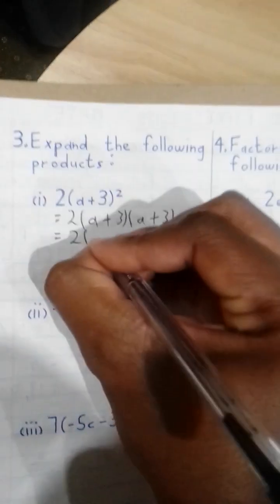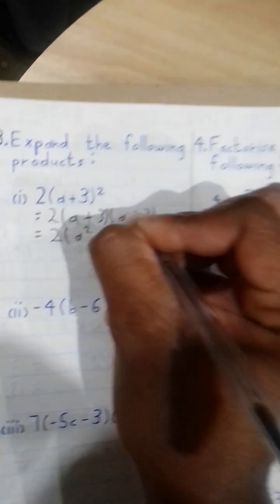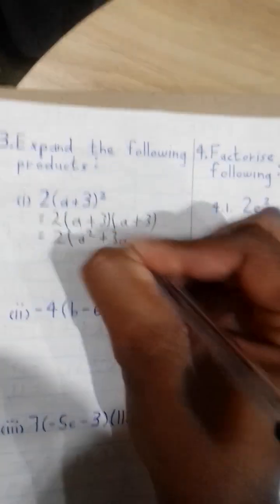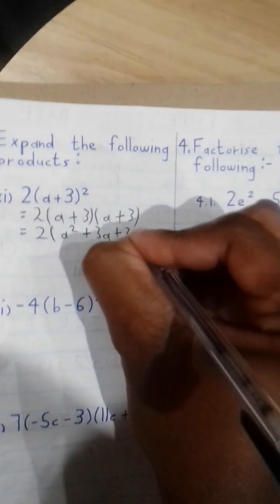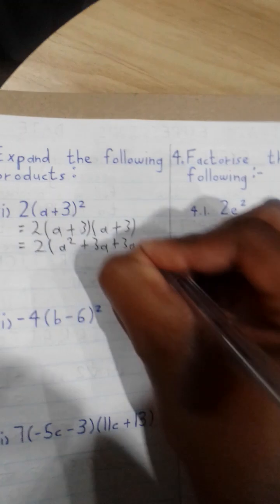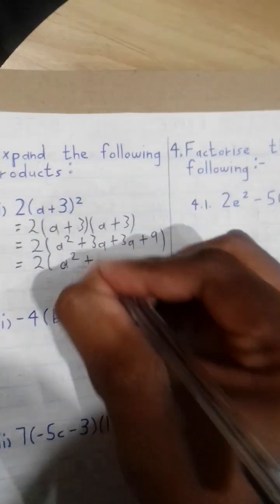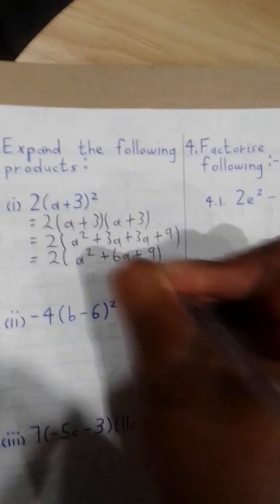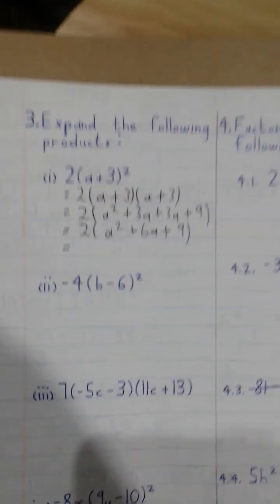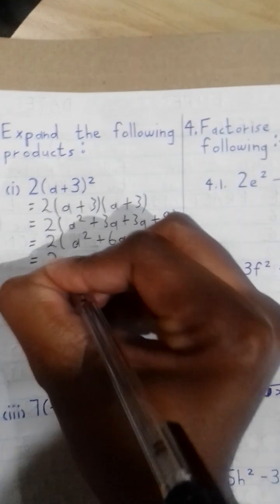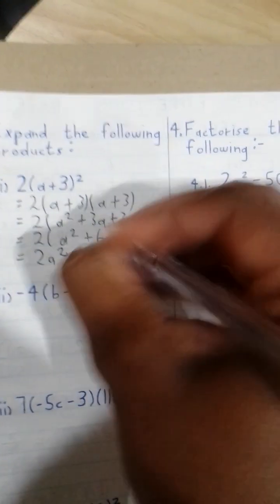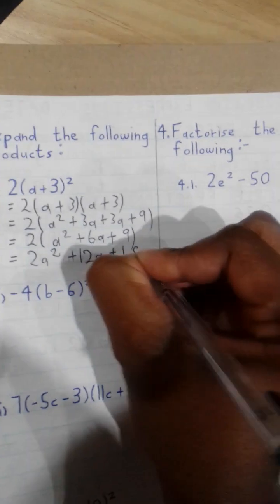FOIL: a times a is a squared, a times positive 3 is plus 3a, plus 3 times a is plus 3a, positive 3 times positive 3 is plus 9. A squared, like terms 3a plus 3a is plus 6a, plus 9. Removing the 2, 2 times a squared is 2a squared. 2 times positive 6a is plus 12a. 2 times positive 9 is plus 18.